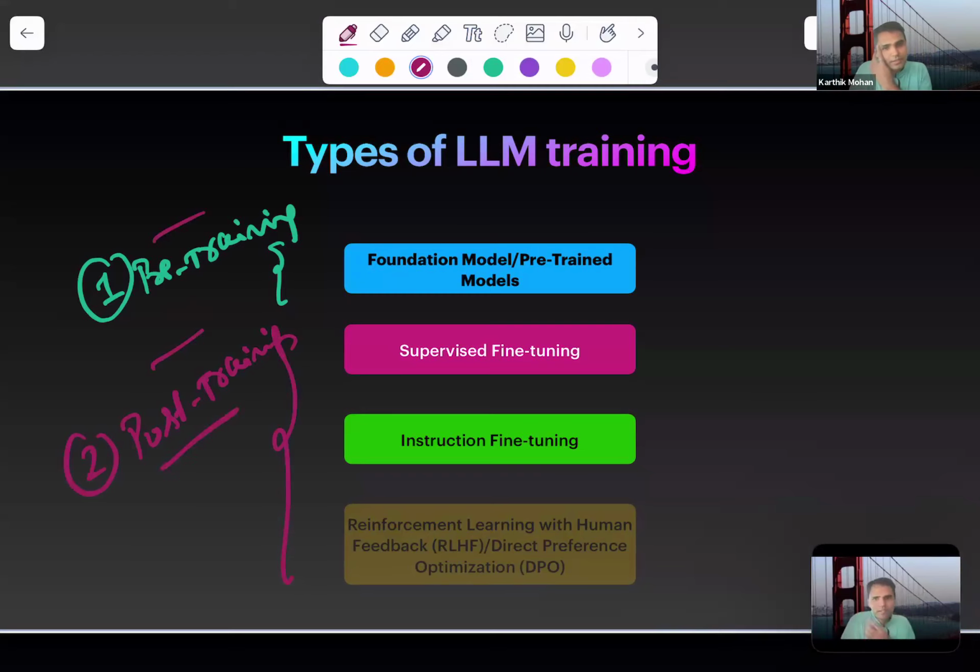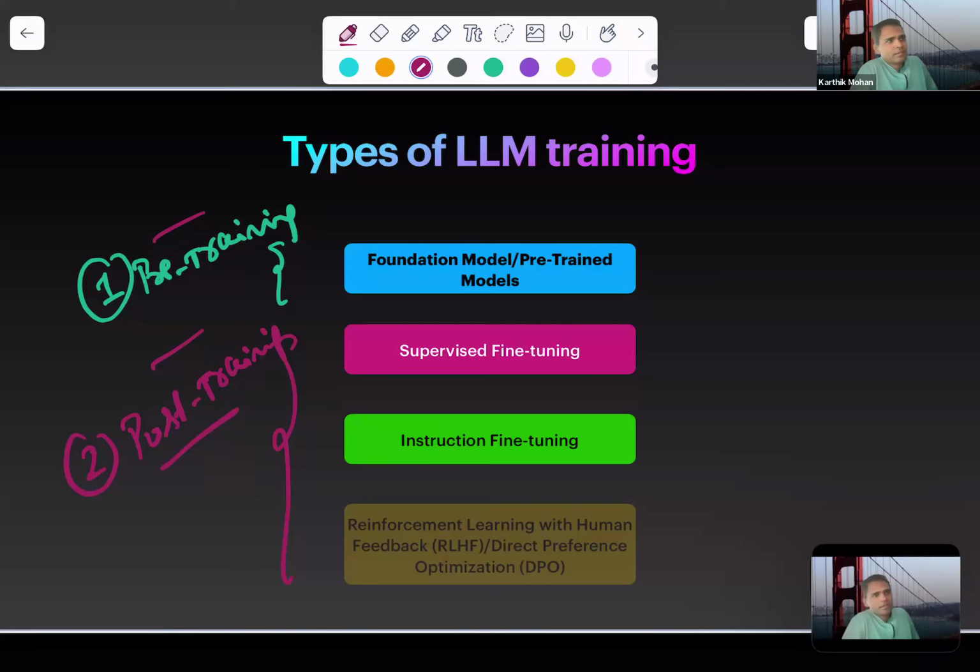Pre-training is simple. I mean, not simple. It's actually one of the most complicated training tasks that has ever happened in machine learning, the pre-training of foundation models, because of the amount of parameters, the amount of data, and the amount of cost and time it involves.